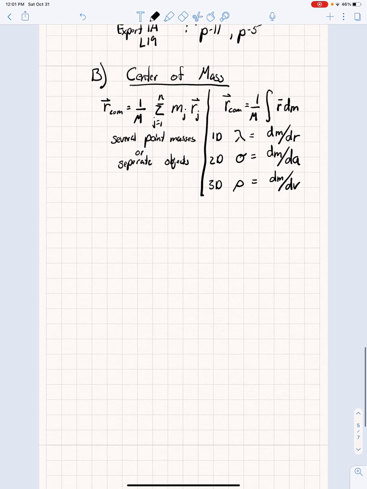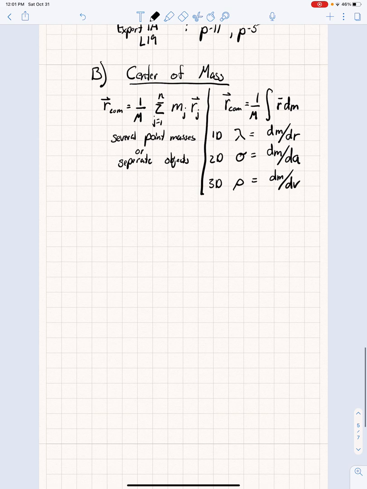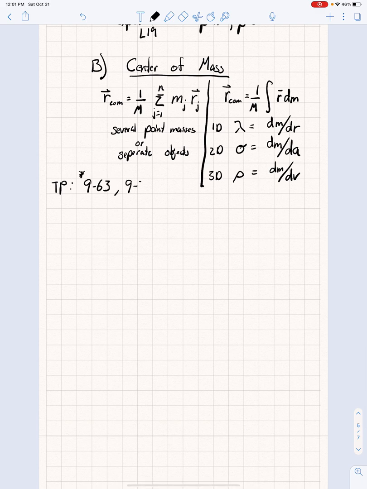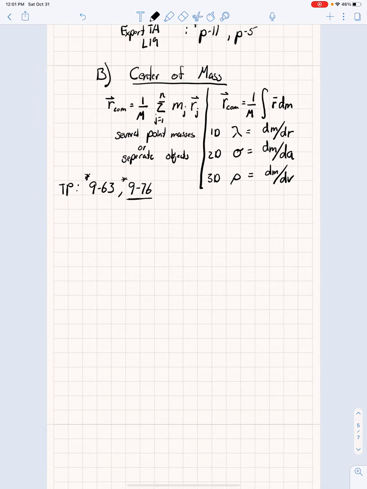All right. We've done a couple problems for both of these. For the separate points that we add together in order to identify our center of mass, from your text, problem 9-63 is one I would make sure I look at. You've also got 9-76, which is one we didn't do in class, but I would take a look at.